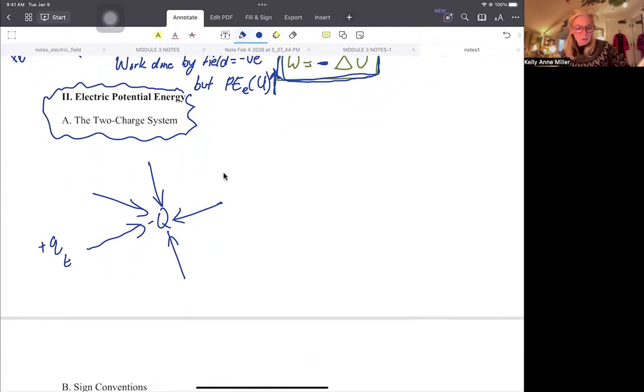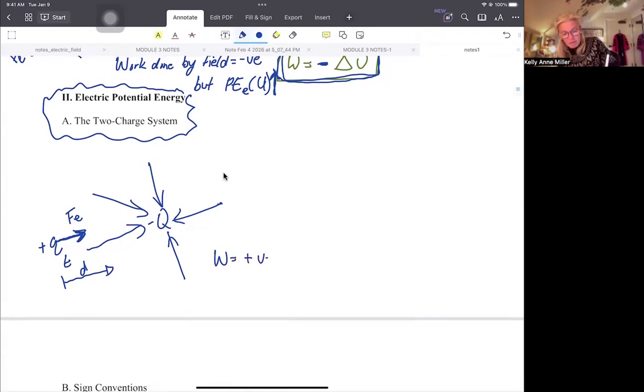The force of the field on that charge, Fe, is going to be towards the negative Q, and then the displacement is also going to be towards the negative Q because there's an attractive force there. And so the work done by that charge is going to be positive.